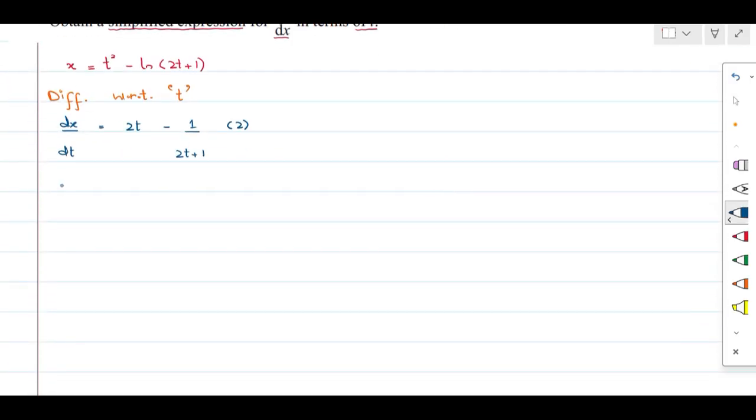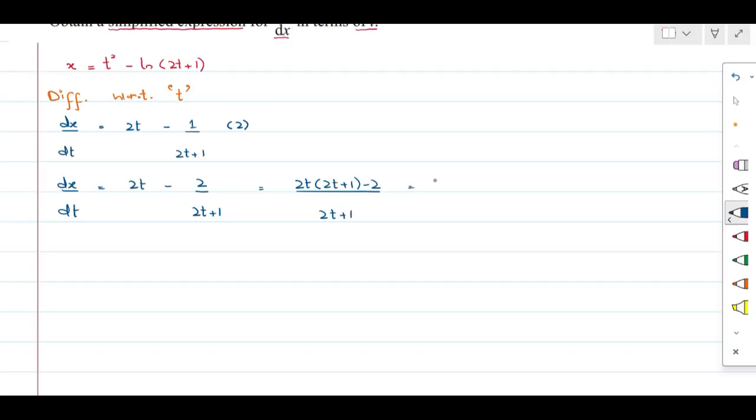Okay. So the simplified expression for dx over dt is equals to 2 times t minus 2 over 2t plus 1. Let me simplify this further by taking the LCM. 2t is multiplied with this denominator 2t plus 1, and minus 2 is as it is, whole divided by 2t plus 1.